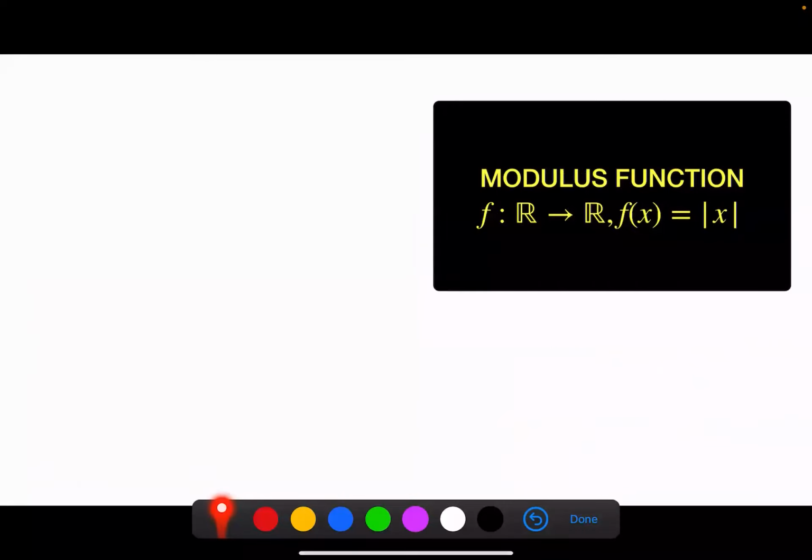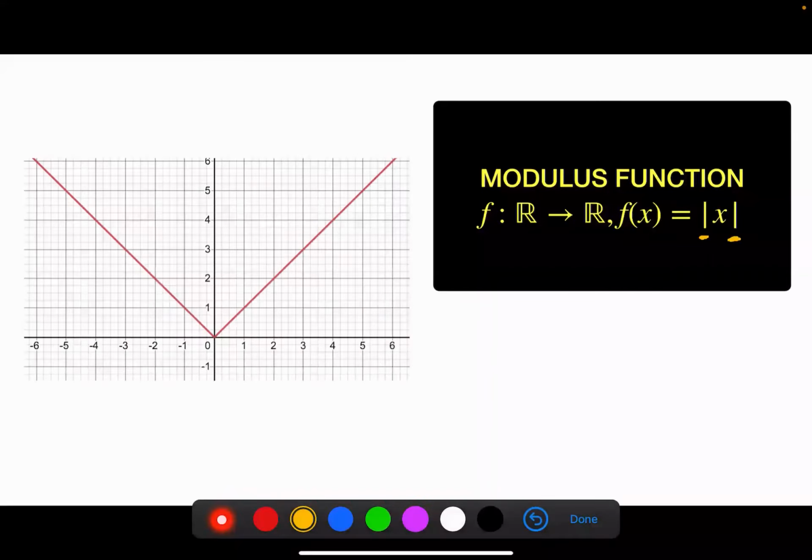Then this is a very important function, the modulus function. Sometimes it is known as the absolute value function. These vertical bars have meaning, so you have to be very careful. The function looks like this.